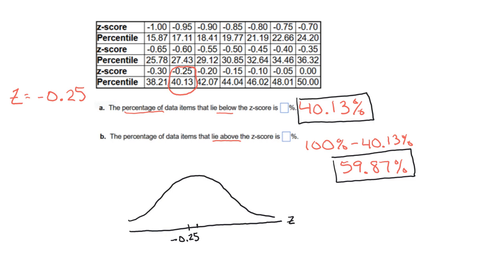So from here at the negative 0.25, this area below is going to be the 40.13%. And then the area to the right will be the 59.87%. So just so you can get a little more of a visual aid on what this looks like.